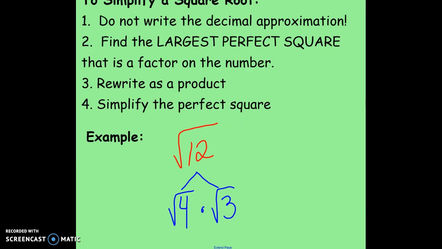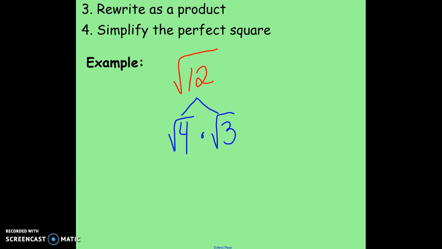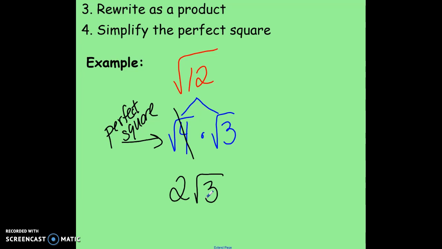Now when you do this, you're always going to put your perfect square first. Always going to write that in the beginning. Now, what is the square root of 4? 2 with a radical 3 left over. So that would be the square root of 12 simplified, okay? Because we divided out the largest perfect square, and that's what gets it in front.